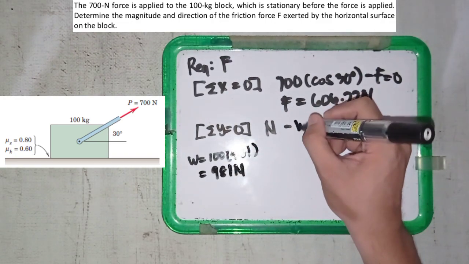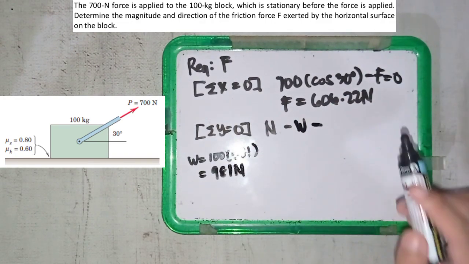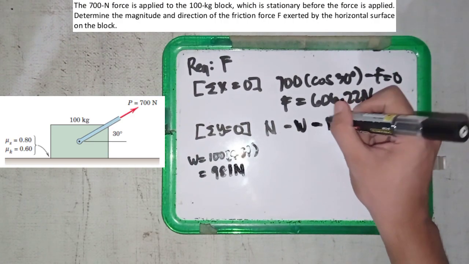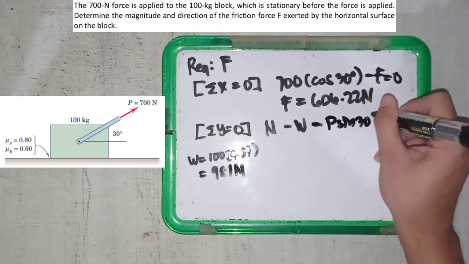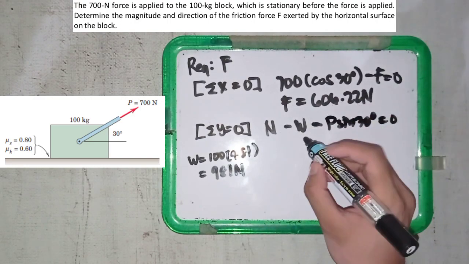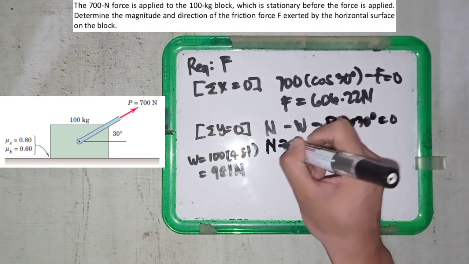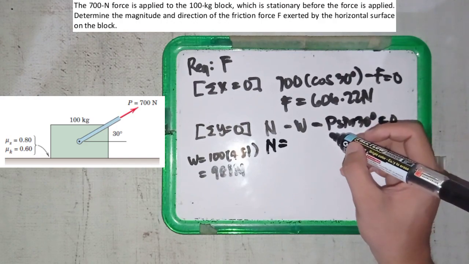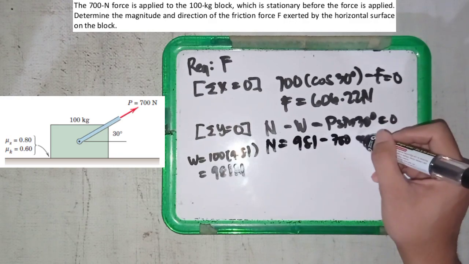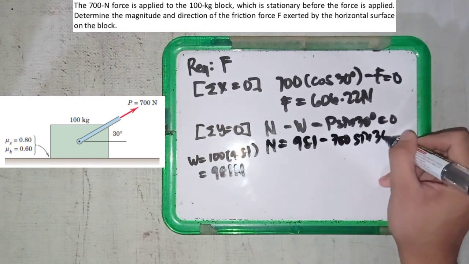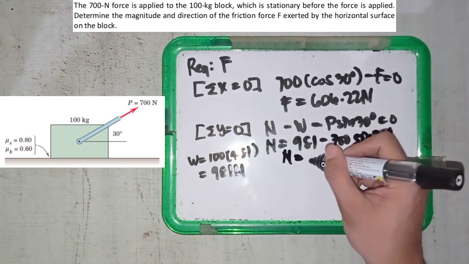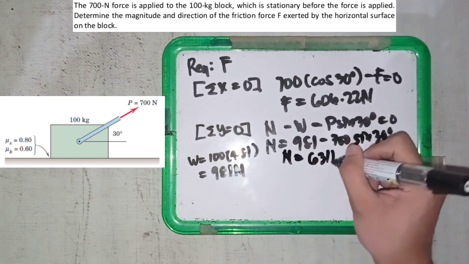So this will be W minus the applied force, P sine 30 degrees, is equal to 0. If we substitute the weight, N is equal to 981 newtons minus 700 times sine 30 degrees, and what we have here is the normal force, 631 newtons.